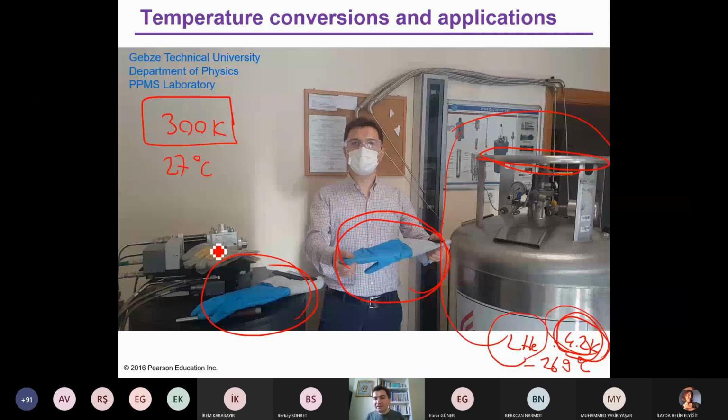But here within this tank, the temperature is 4.2 Kelvin. So in order to insulate the air and the liquid helium within this tank, you have to produce special tanks, and these tanks have thermally insulating systems like this.